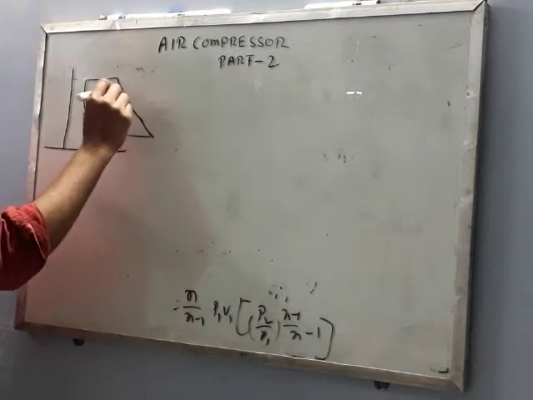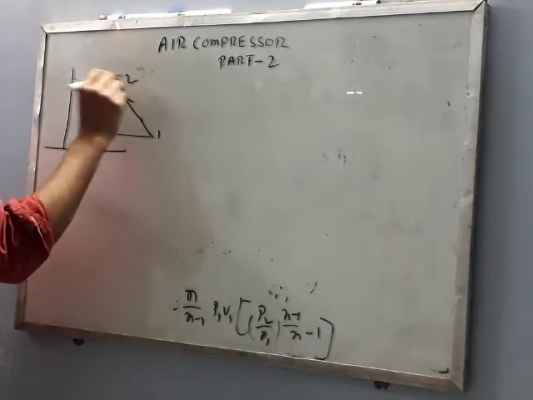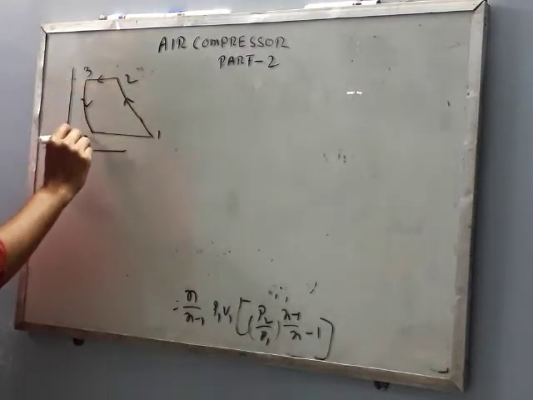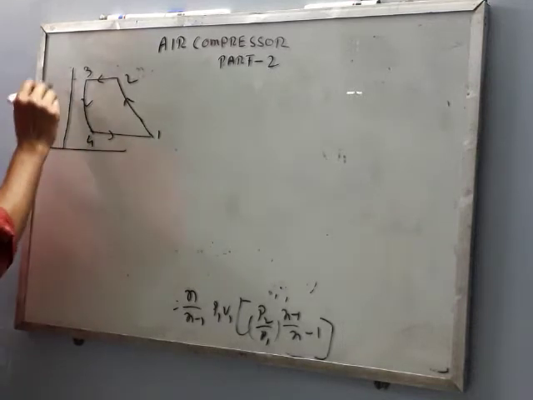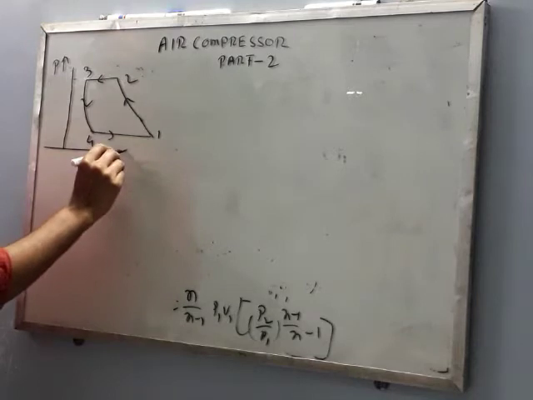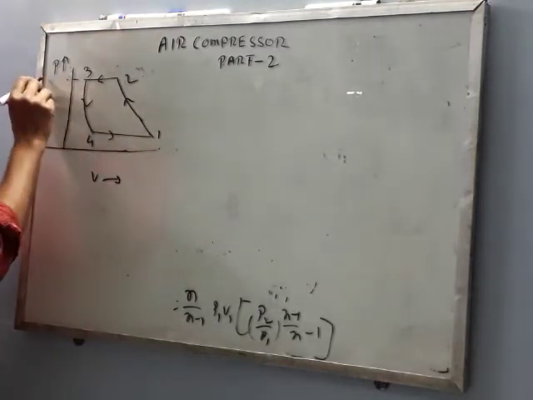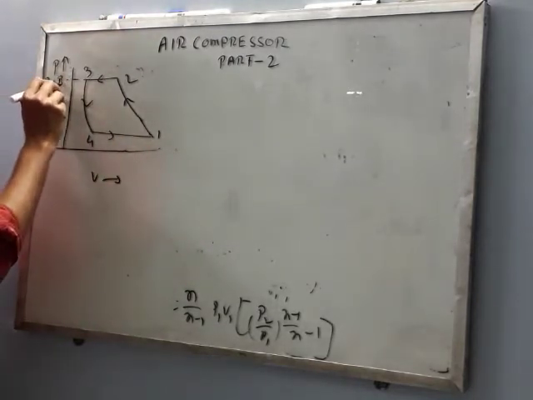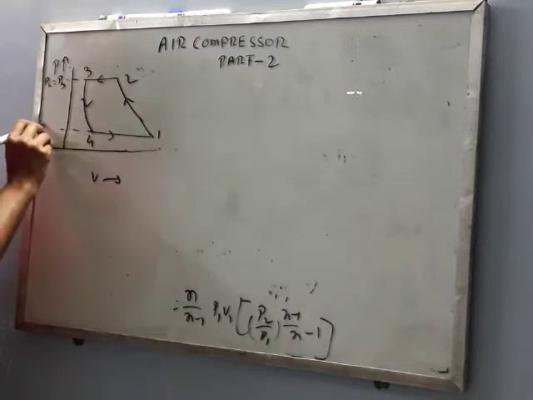So this is the PV diagram, 1, 2, 3, 4, and this is P and this is V. So P2 is equal to P3 and P1 is equal to P4. Remember, yeah?